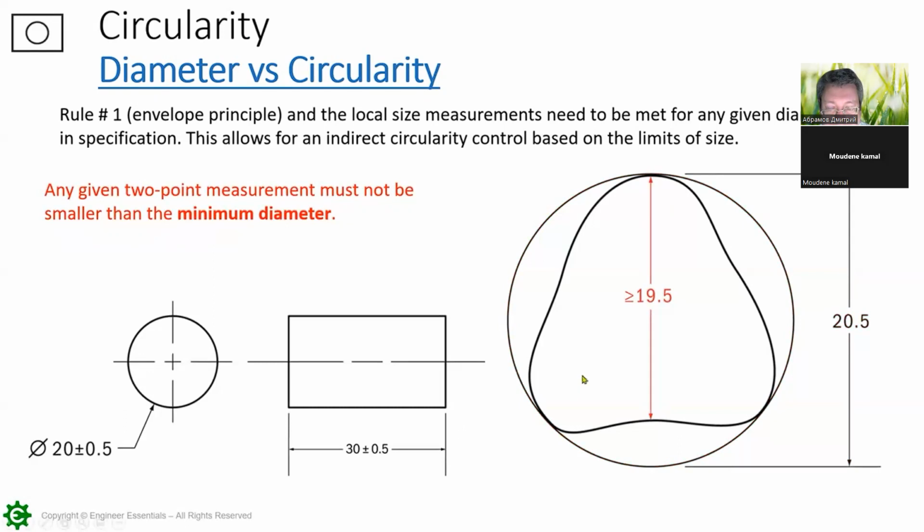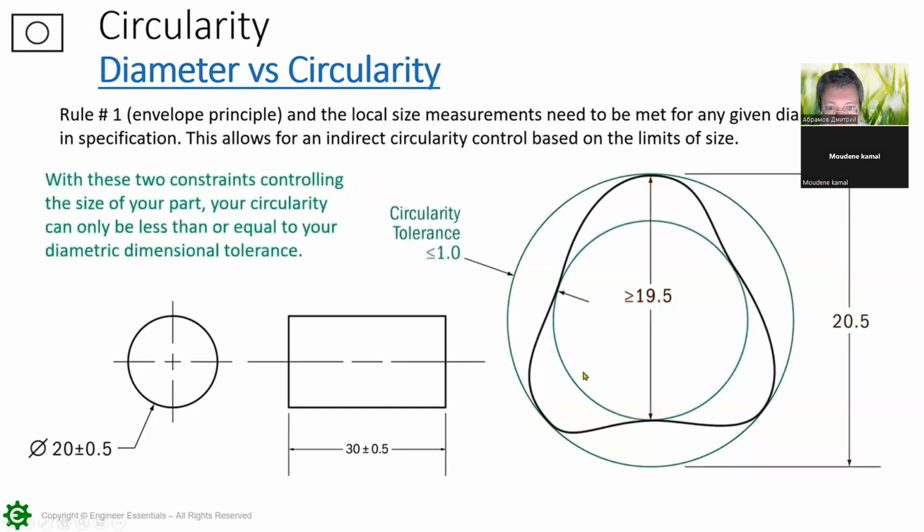The next one up is what we took for granted, or me personally. So this green circle that's on the inside here, notice how it's tangent to all of these low points or these valleys on the surface. Now, LMC is still maintained, right? 19.5. But note here that the valley here is coming tangent, and then they're measuring straight across.